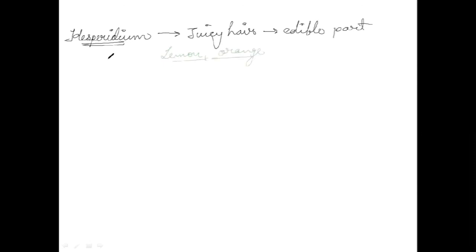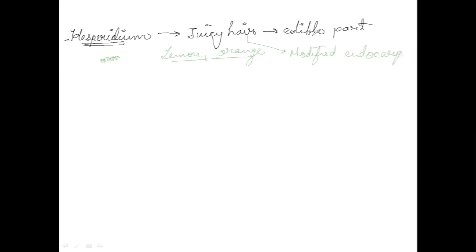We eat those glandular hairs which are present together like this, right? So these are actually the juicy hairs. They have the seeds present separately, right? So these juicy hairs are actually modified endocarp, which are the edible part. So these are a few points which you need to remember.